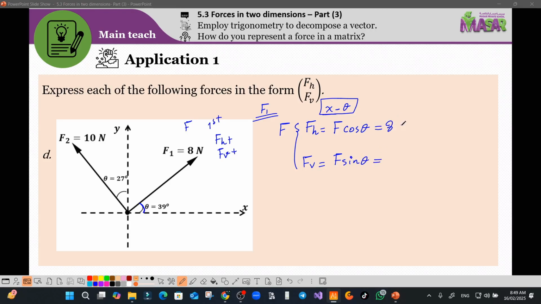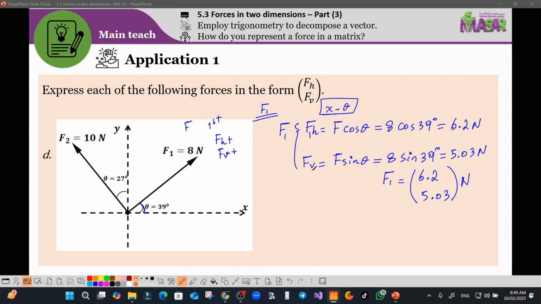Now this is 8 cosine 39 degrees and 8 sine 39 degrees. So the answer is 6.2 Newton and 5.03 Newton. Now finally, we should represent F1 using matrix notation. The first entry is for the horizontal component, the second entry is for the vertical component.